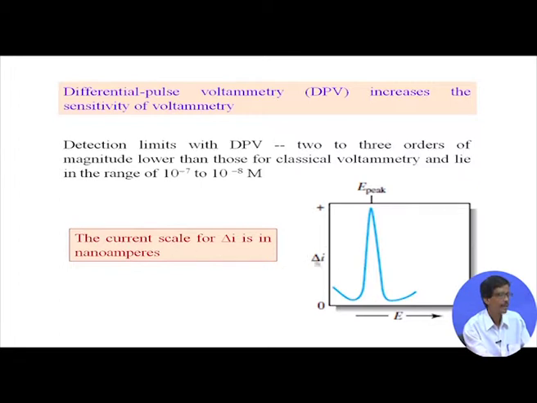The current scale is very small, in nanoamperes. So, you can remember that when we handle a solution in the range of 10 to the minus 7 to 10 to the minus 8 molar, we can also handle the current in the nanoampere range.